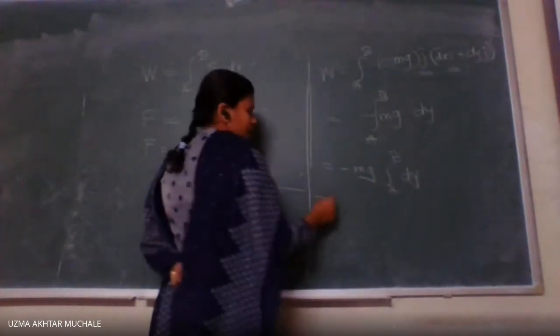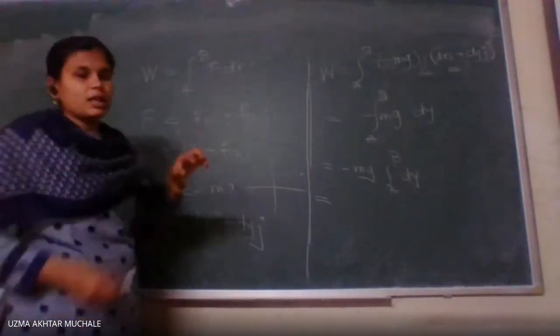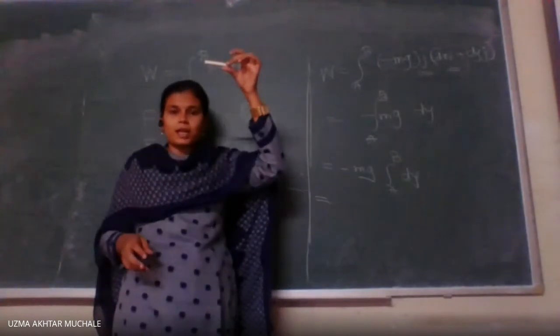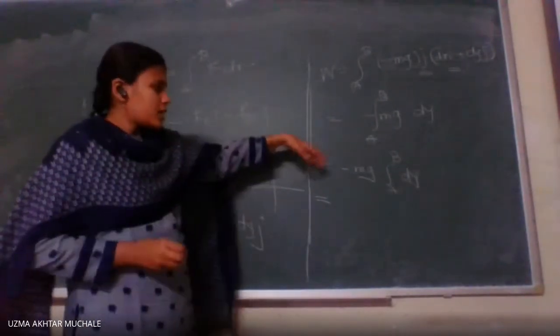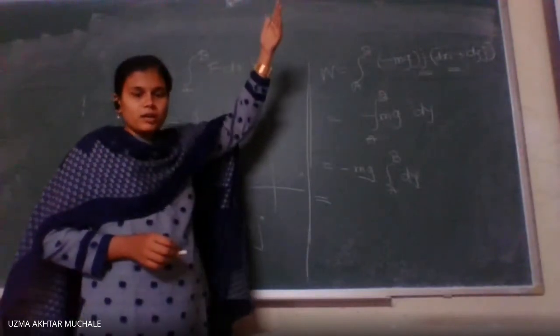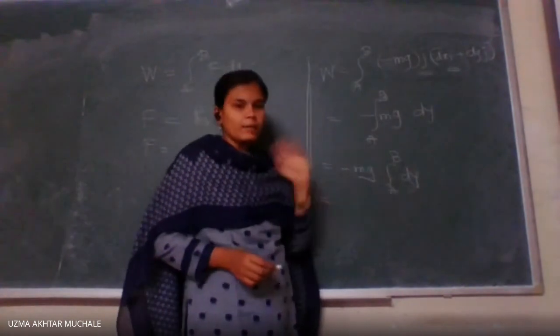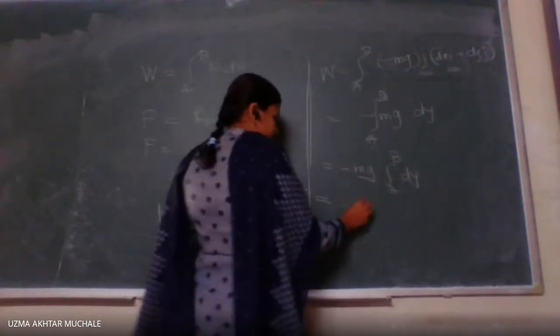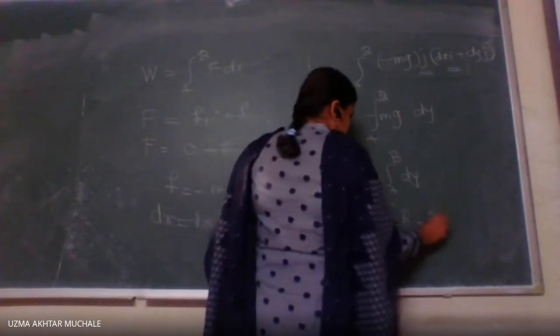What is dy? Because the particle is moving from the upper position to the lower position. We have a particle here and we have left it, so it is moving in the downward direction. So the particle is moving in the direction of the y-axis. So this is nothing but the displacement of the particle. Hence minus mg as it is, and we can write b minus a.